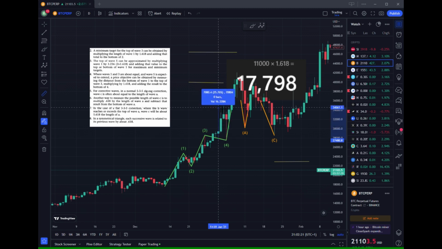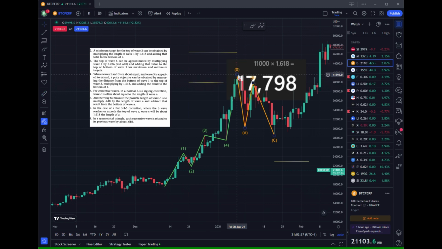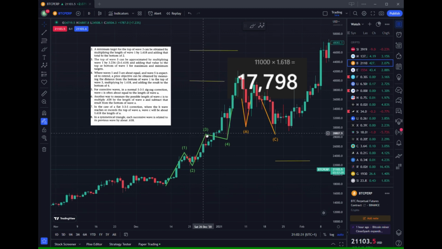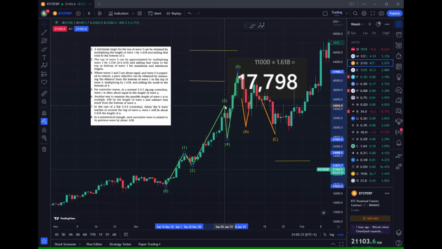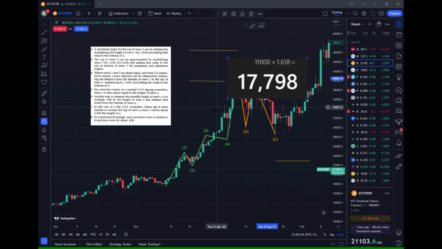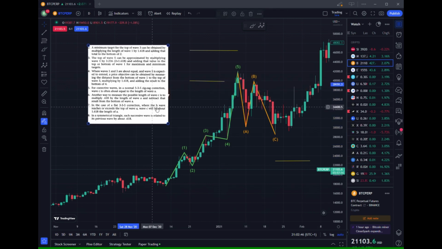So if we add 17,000 to this number, we end up right here. And you know what's cool? It's a bit higher than the peak, but I guess it's in the range of that. So it was kind of fair. But now if you were to take this one, you probably end up right around here. So that could be a coincidence. It's just a peak, because I guess you can take this as a peak as well.